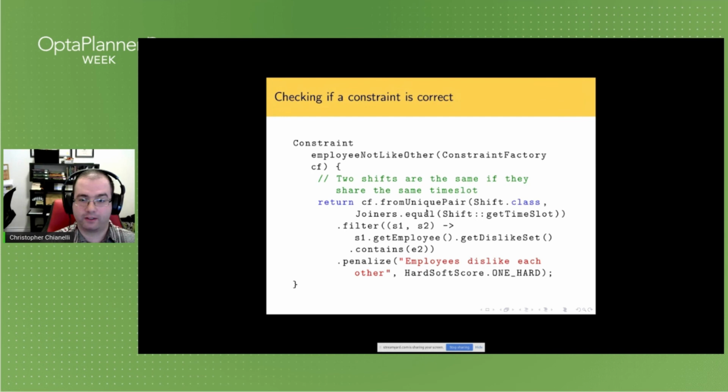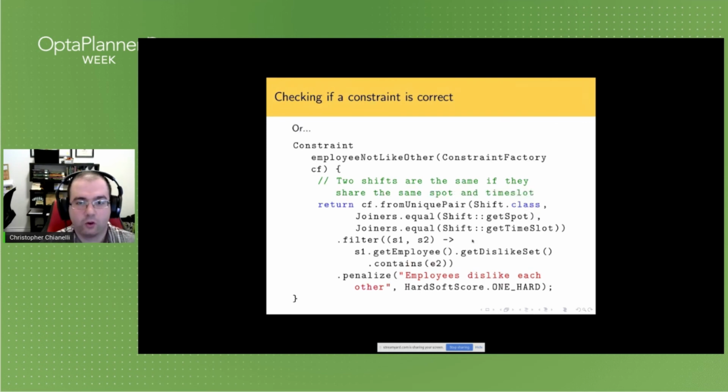So over here, we are joining shifts at the same time slot, and then filtering to where the employees' sets contain one another. Or it could be implemented where two shifts are the same if they share the same spot and time slot. So over here, we add a condition that the two shifts must be in the same spot.